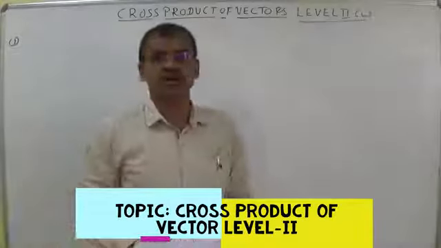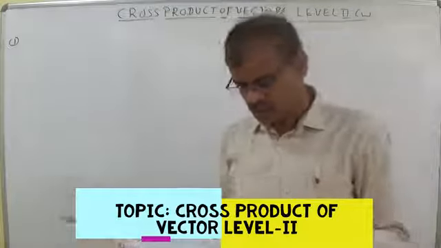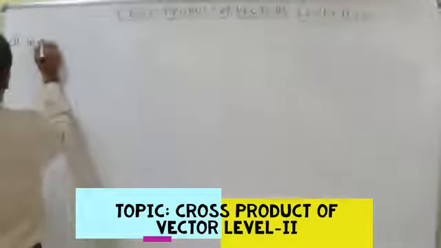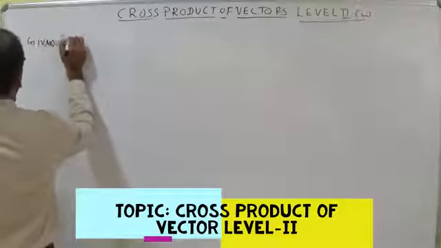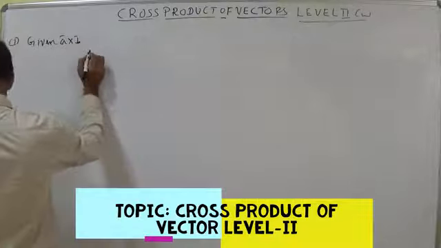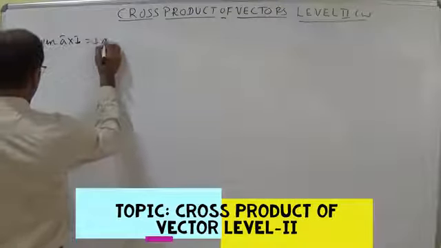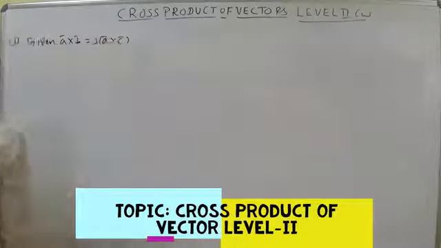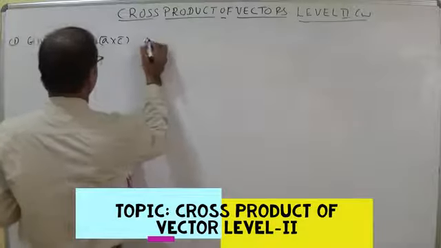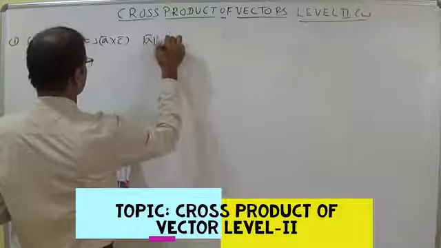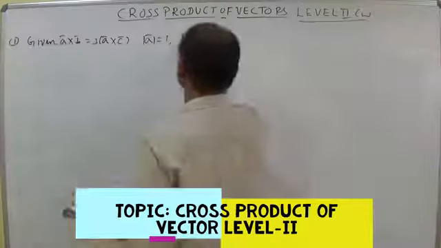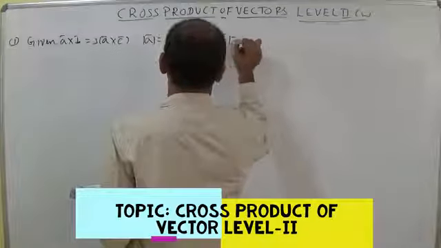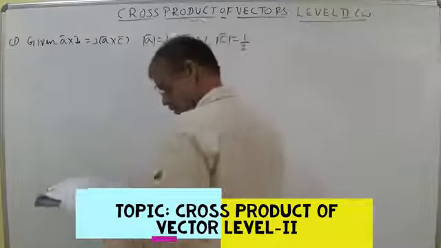Three vectors A bar, B bar, C bar such that A cross B equals 3 into A cross C. This is the given data. Also given, modulus of A bar is equal to 1, so it is a unit vector, modulus of B bar is equal to 1 and modulus of C bar is equal to 1 by 3.